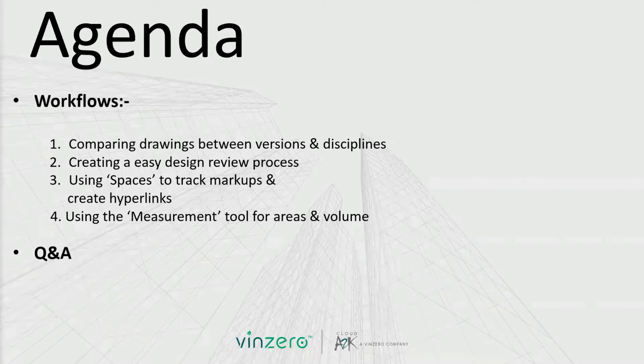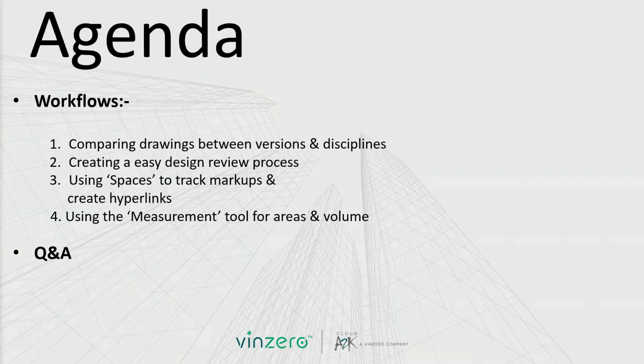Okay. Now that we've got the introductions out of the way, we can get to the agenda and the meat of this webinar. As I mentioned before, we will showcase 4 workflows focusing on the architectural discipline so you can get an idea of what's possible.